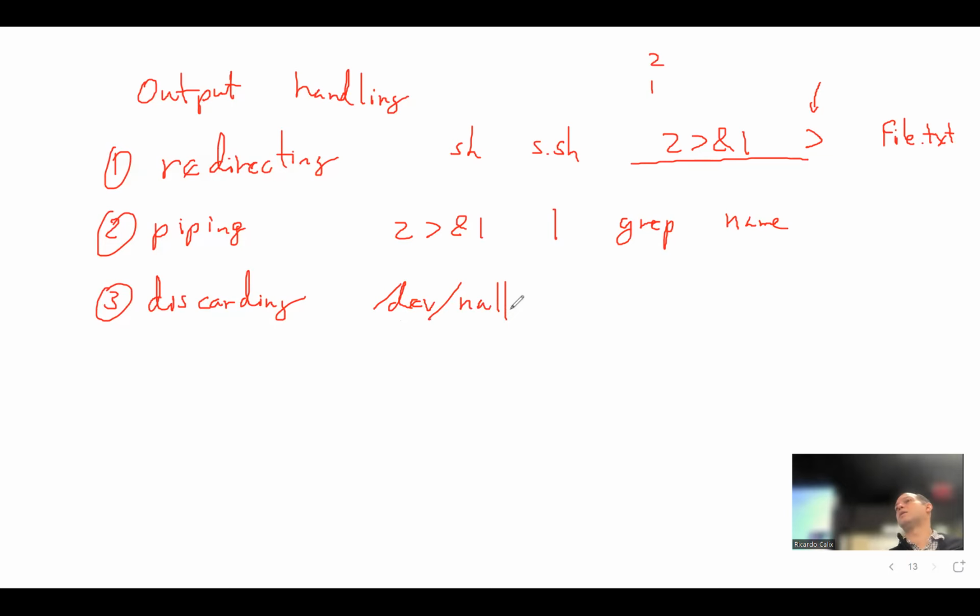So when you want to get rid of something like an output, maybe you're running a script that generates output, you just want to get rid of it. So you can redirect it to dev null. So it would look something like this. This is a 1. Dev null. Okay, so you're redirecting into dev null basically.